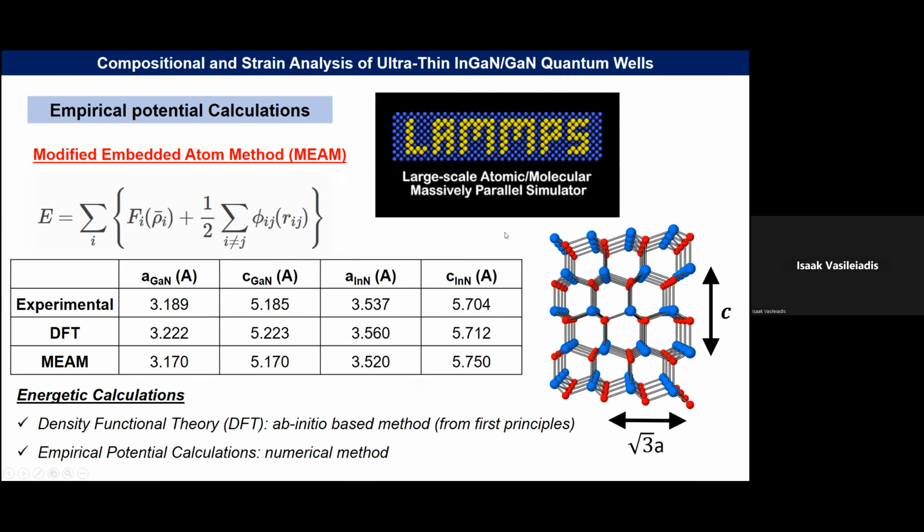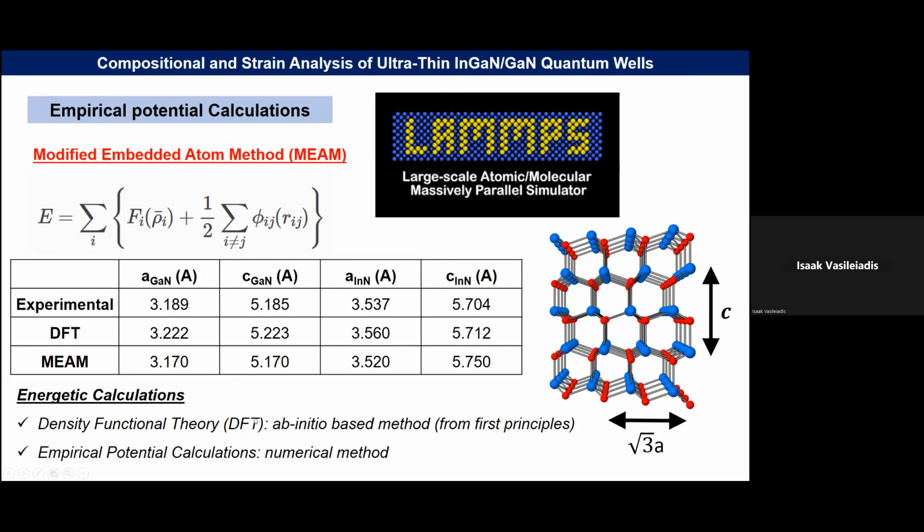In order to perform this analysis, to translate the strain to composition, it is important to perform empirical potential calculations, perform energetic calculations in order to have, firstly, some structures in order to find the strain behavior of such ultra-thin quantum wells.